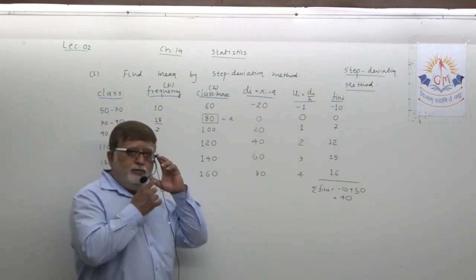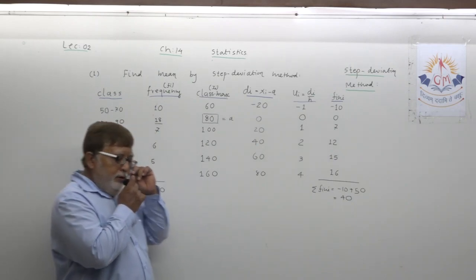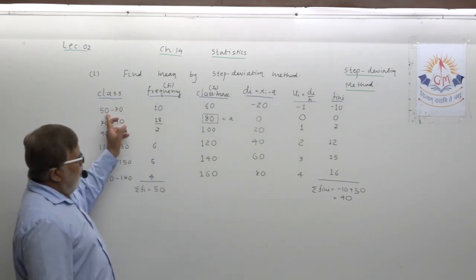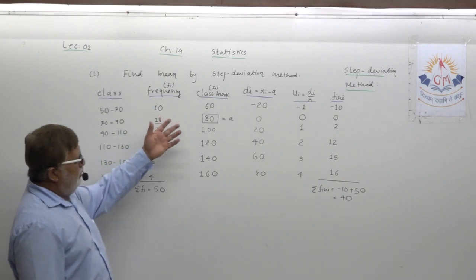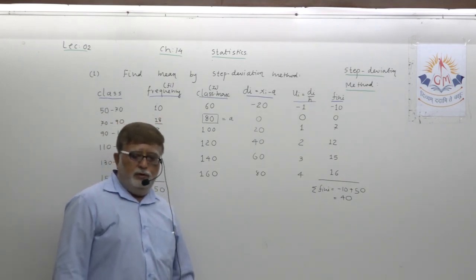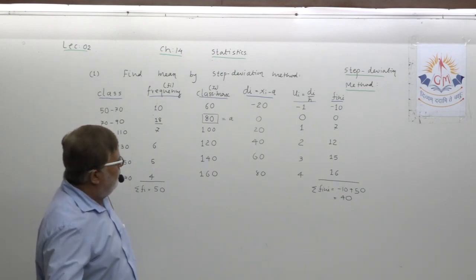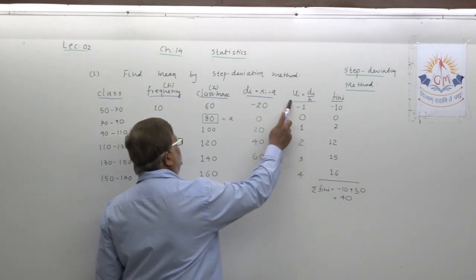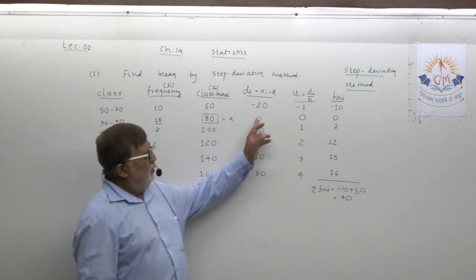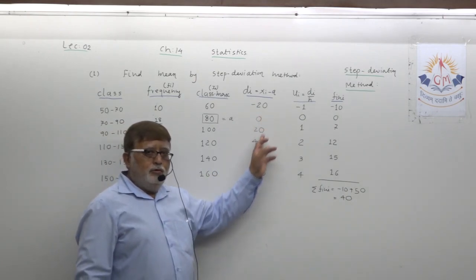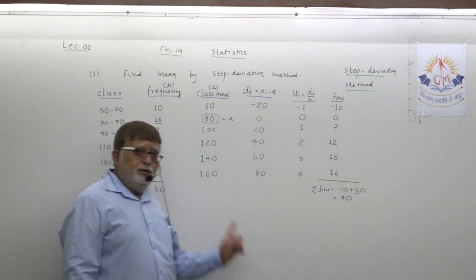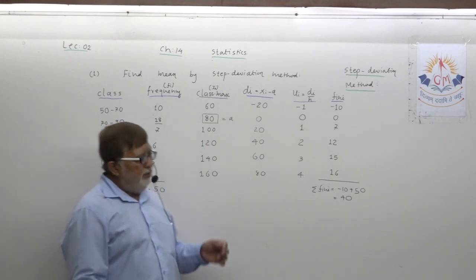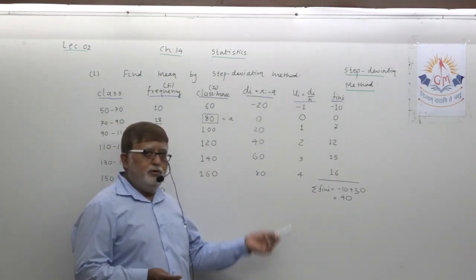How to find the class mark, I have already explained in the previous lecture and in this lecture also: just add the boundaries, divide by 2, and just go on adding the equal class height of 20 which is given. Di you know how to do. This is new for you in the step deviation method: each di is to be divided by the equal class height, which is already given, 20. So divide each by 20 and you get minus 1, 0, 1, 2, 3, 4.